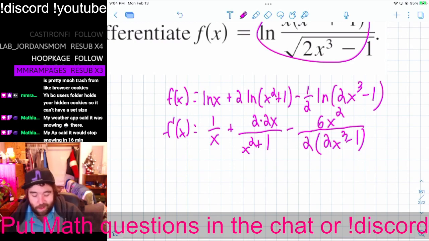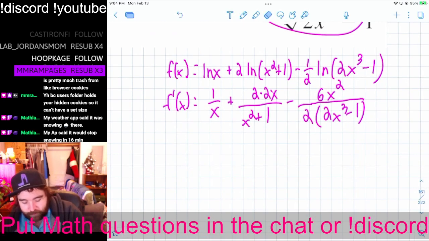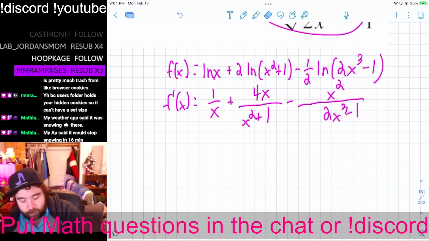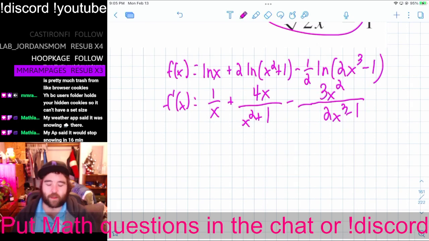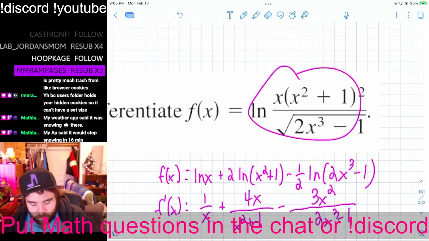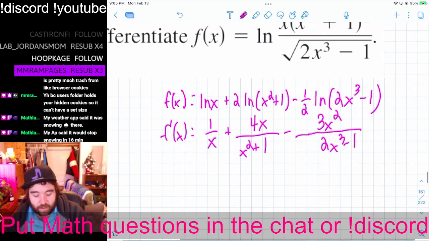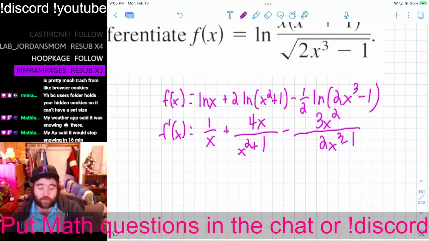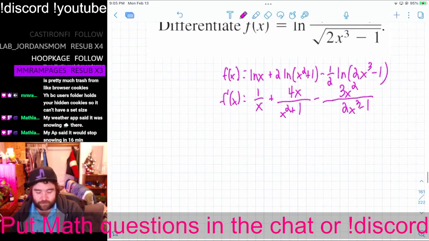Yeah, there we go. And we'll just go ahead and simplify. I'm not going to rewrite it all. We'll just make that the 4x that it is, and then cancel this. Go ahead and get rid of these parentheses then, and put that 3 there. And that should be it. And so just know that that's a lot easier than having to use all those rules like you would here. You might get a slightly different form, but this is a great form. You can combine it to one fraction if you want, but that wouldn't be super useful.